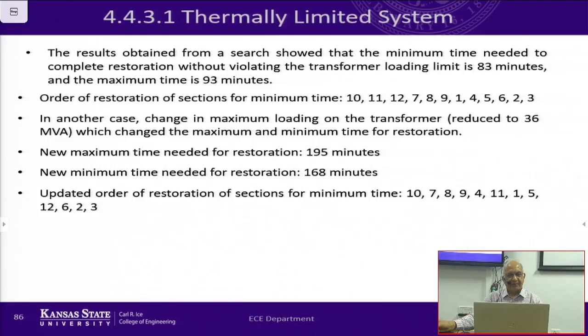If you don't follow the optimal solution, then it takes 93. So minimum is 83, maximum is 93. The difference is only 10 minutes. But when you have to stay out of power for an extra 10 minutes, you can realize how happy you would be if you saved 10 minutes. So it's an important consideration.